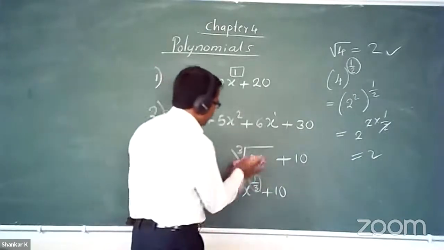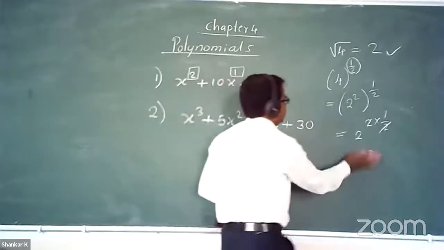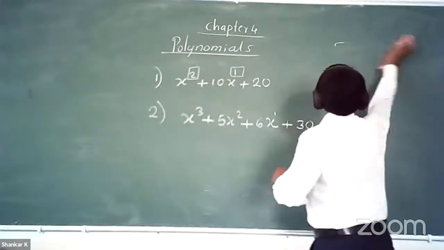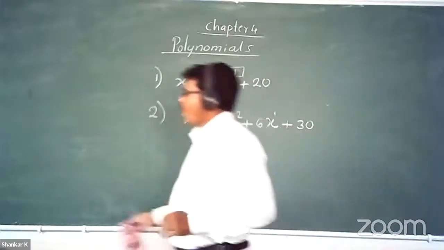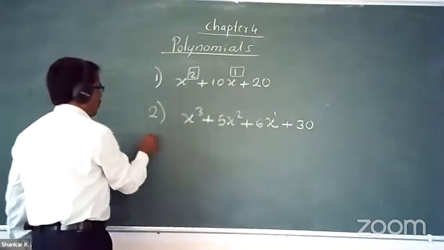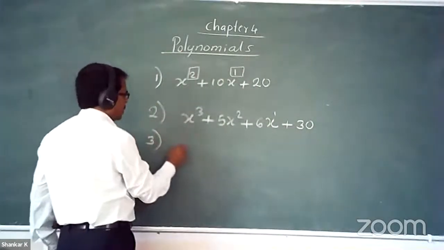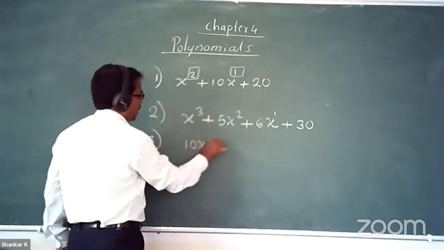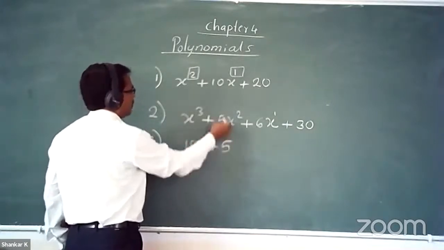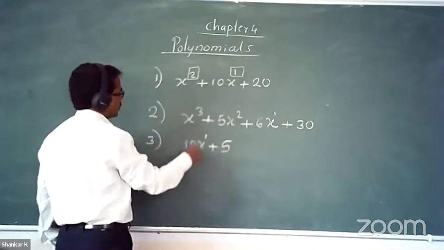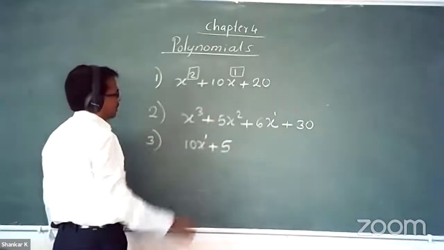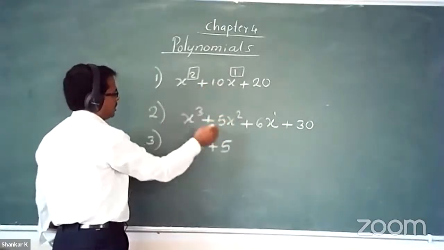Understood, students, all of you? Now, for example, third example, 10x plus 5. These are all polynomials. 1, 2, 3 examples.